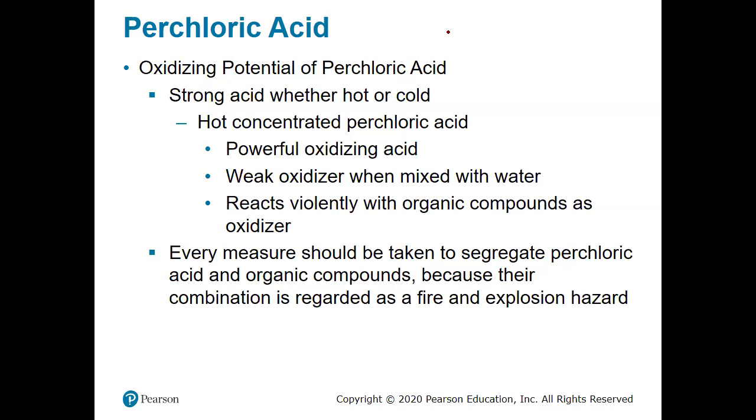Now, as a strong acid, it will act as a strong reacting agent, both in hot temperatures and in cold. The more concentrated it is, the more powerful it is as an oxidizer. But it loses its oxidizing power relatively quickly the more dilute and diffuse it gets.